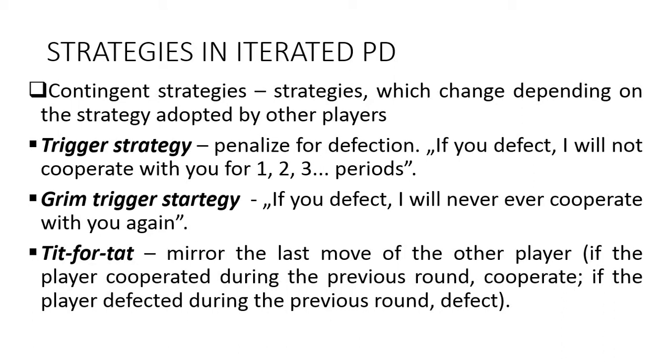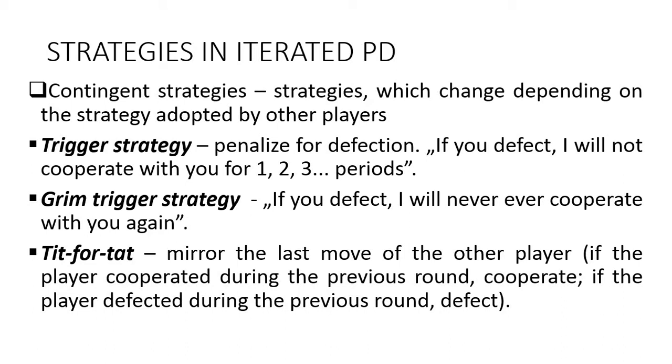So three common types are trigger strategy, grim trigger strategy, and tit for tat strategy. The idea behind the trigger strategy is that players can penalize for defection. For instance, if you defect, I will not cooperate with you for 1, 2, 3, or any number of periods of your choice. And of course, both players have to be aware of this.